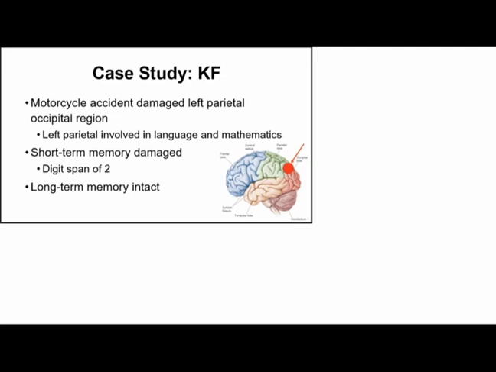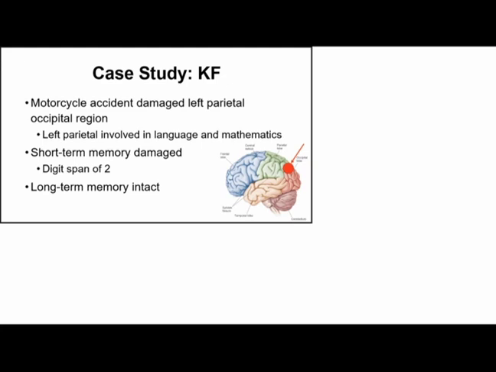With our digit span conversations earlier, most people have a digit span of 7 plus or minus 2. KF had a digit span of just 2. And sometimes, if there was enough going on, they could only remember a single digit. So this showed us that that part of the brain, that outer structure, seems to be what's involved in our short-term or immediate memory.